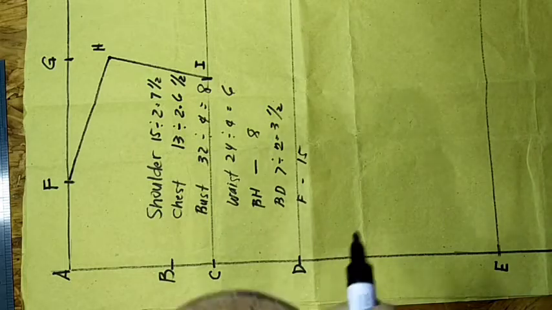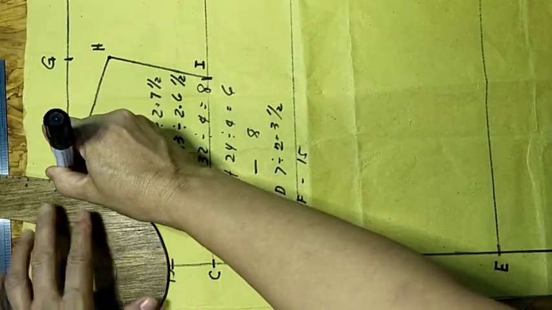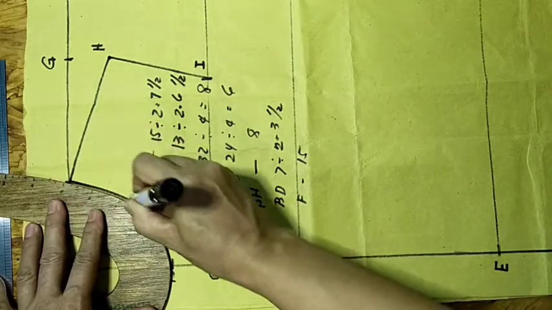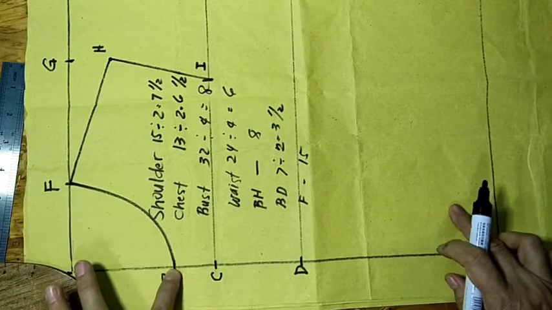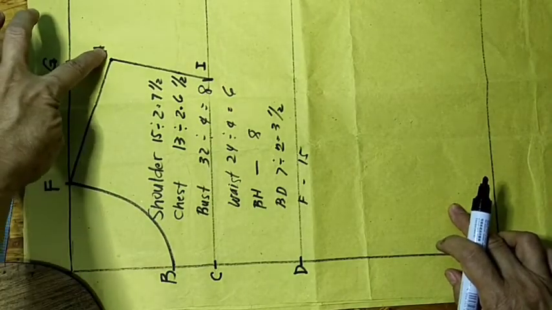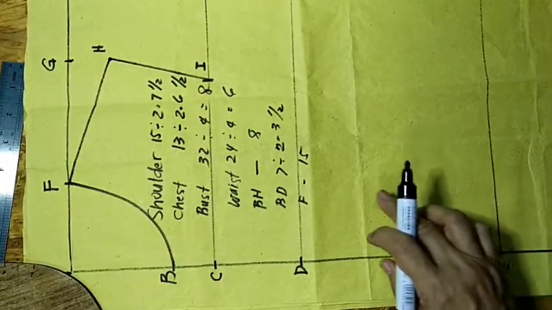Connect also point F to point B. This is your neckline, shoulder line, and this is your armhole going to I.